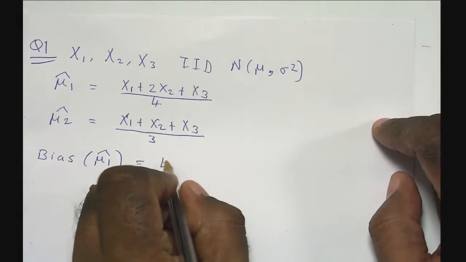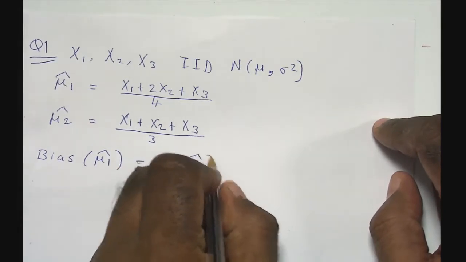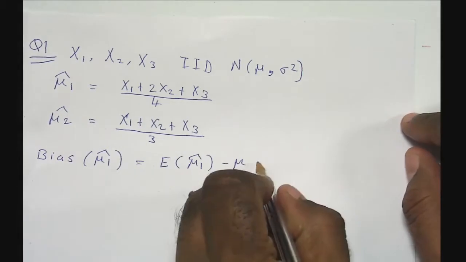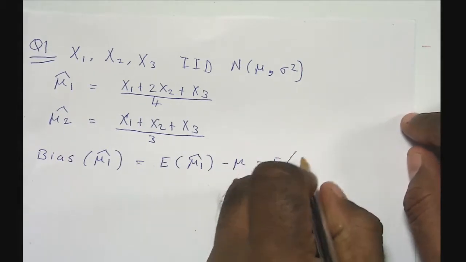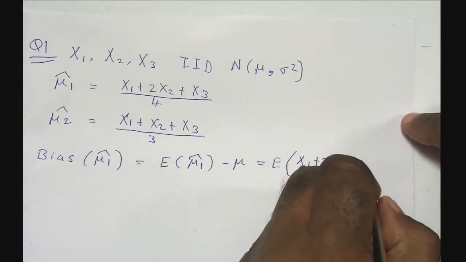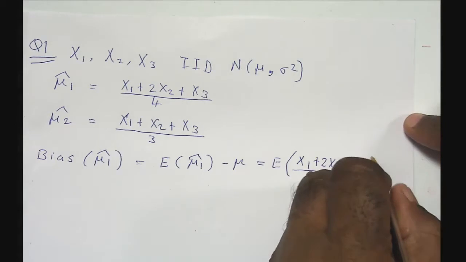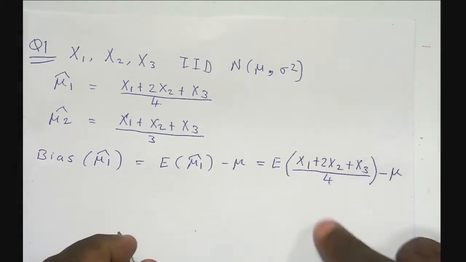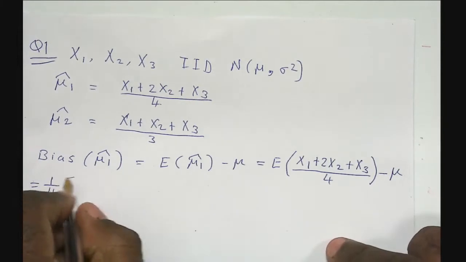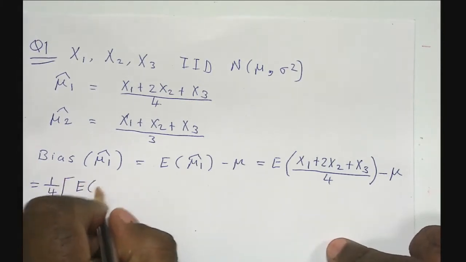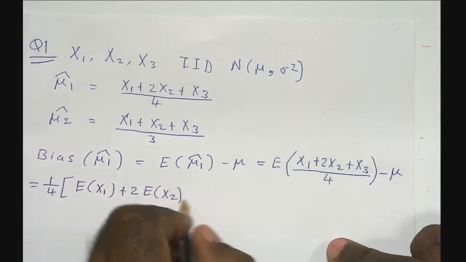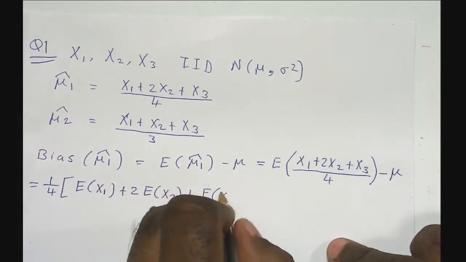This, by definition, is the definition of bias, as you know, and this is equal to this. Taking the constant 4 outside, inside the brackets you have the expectation of x1 plus 2 times the expectation of x2 plus the expectation of x3.